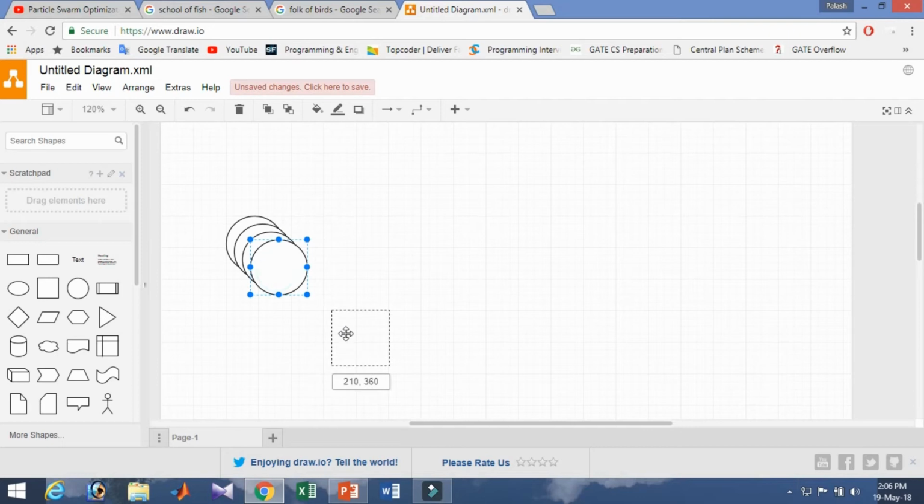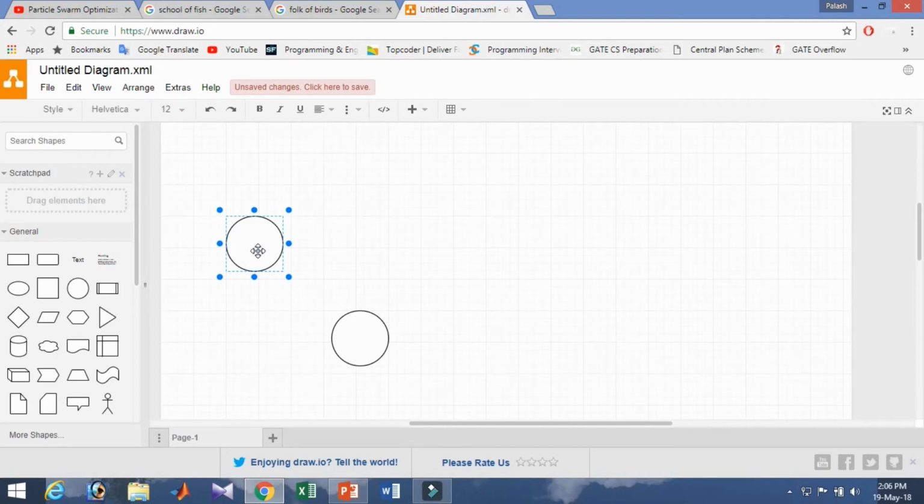I make a number of copies here, but we need them later. So let's write down the particle positions. Okay, and the particle position is described by this.